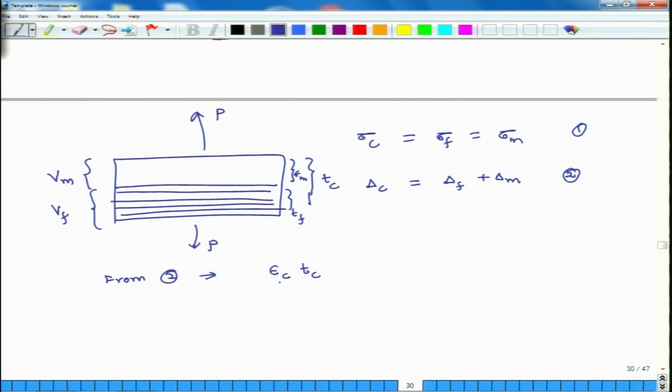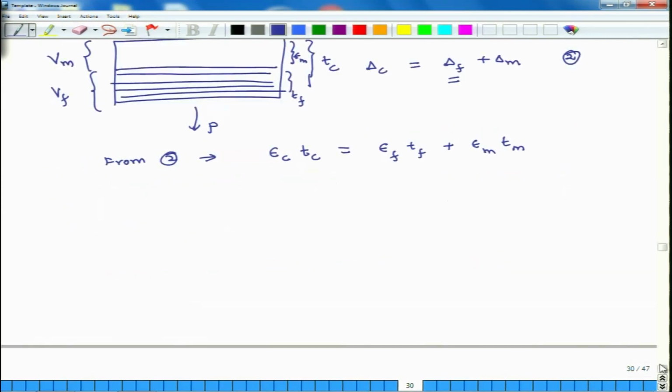So, delta C is strain in the composite times thickness of the composite, and that equals strain in fiber times thickness of fiber, because that is what delta F is, plus strain in matrix times thickness of matrix. And now what I do is I divide this entire expression by Tc.